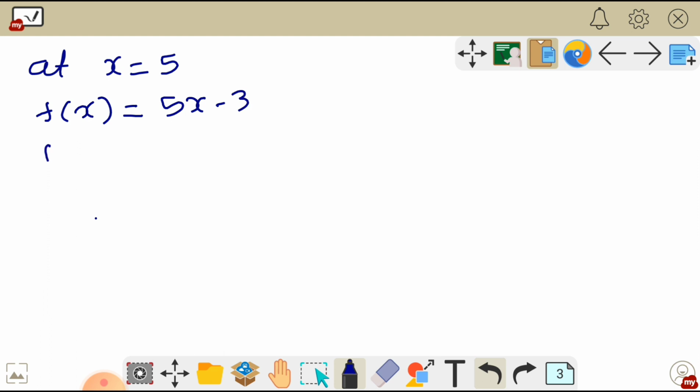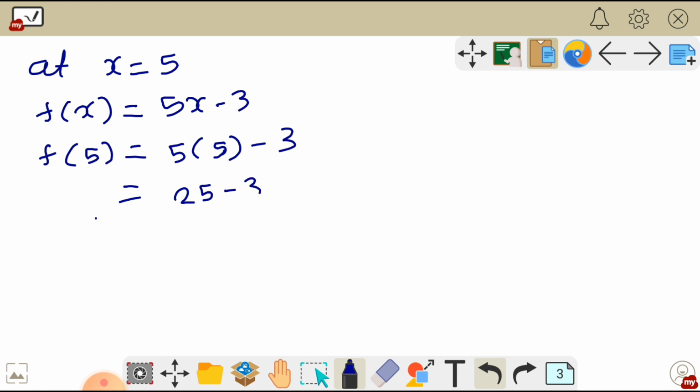So we put the value of x here, which is 5. So what do we get? 5 in the bracket 5 minus 3. So it equals 5 5s are 25 minus 3. So we get 22, right?